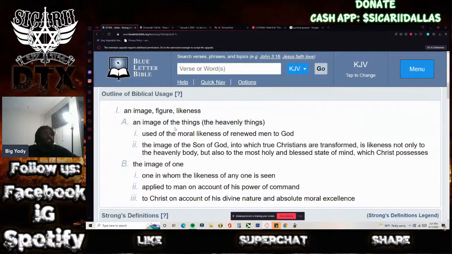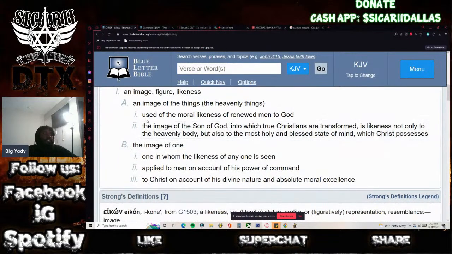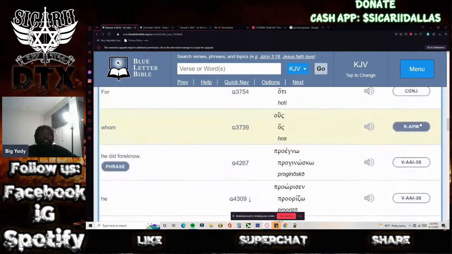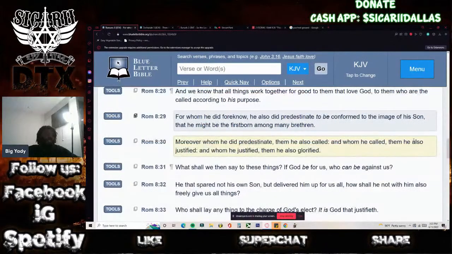It says, the moral likeness of renewed men to God, which is Christ. We conform ourselves into the image of Christ, him being that cornerstone of this temple through his death, burial, and resurrection. We follow after him and be glorified just like him.